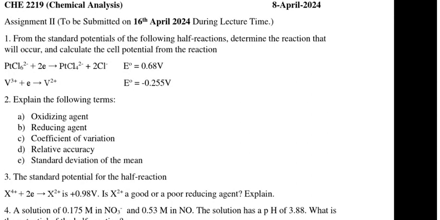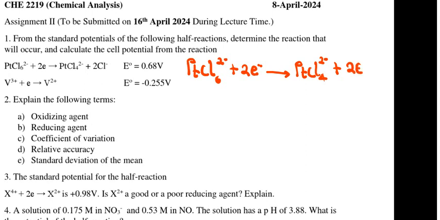Okay, nice. Let me just write it here. That is PtCl6 with 2 minus, giving us PtCl4 with 2 minus, plus 2Cl. So the first thing that we do is balance this half reaction.